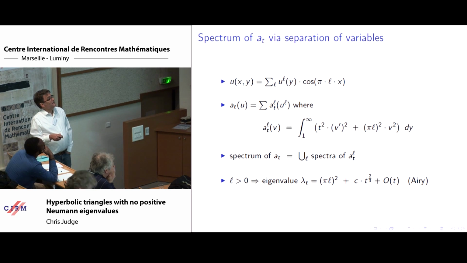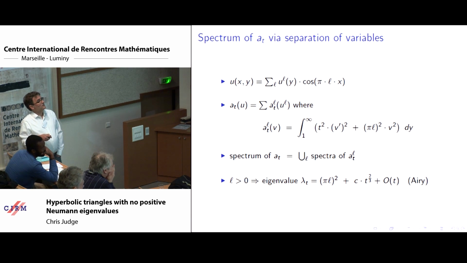Then the A_t thing can be split up. If I write u as a sum of u_l's, I'm being a little sloppy here, but this is going to be a sum of the A_t of u_l's, where this is A_t.